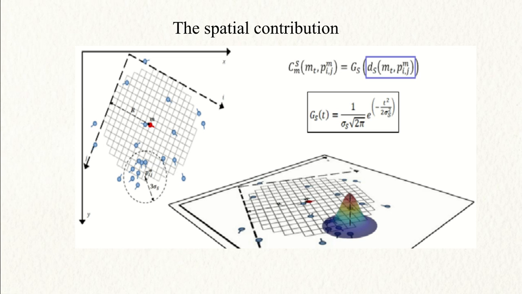As you can see, for a particular point P and a particular radius 3 sigma s, there are many minutiae which lie within this region, and in the bottom figure you can see that the places where more minutiae lie are darker.